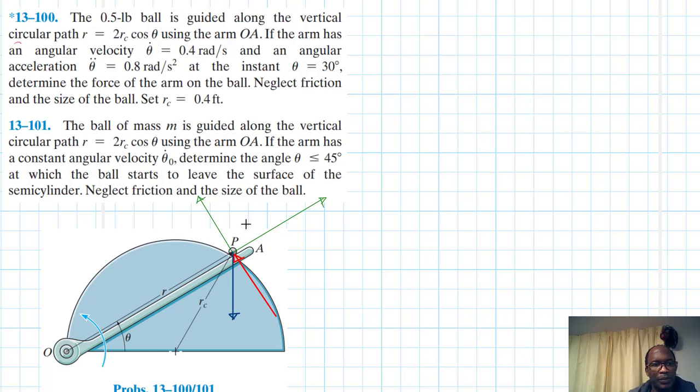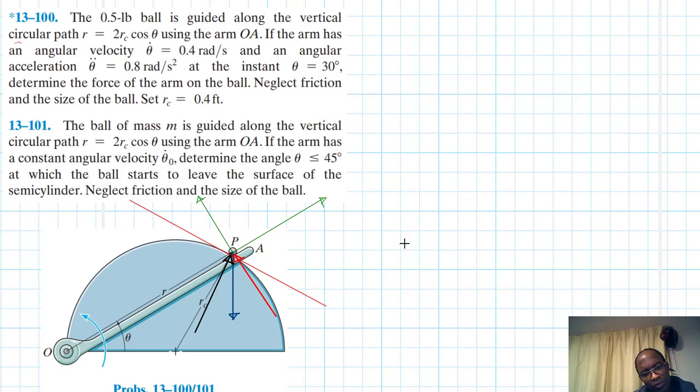Let's say we have this as our tangent line, at the point of contact of the ball. Let me extend this to the other side also. This point here is our normal force.